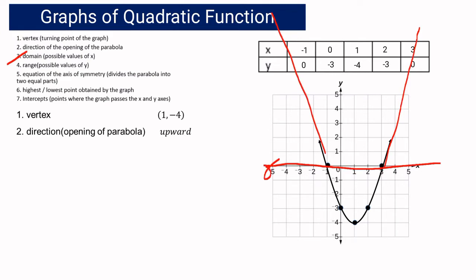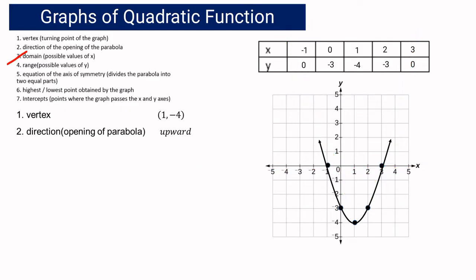If I have negative 5 here, can it be the value of x for our parabola? Yes, definitely it will touch there. And if you have, for example, 5 here, is it a possible value of x? Yes, also. Now, is there a value in y that will not be a value of our parabola?